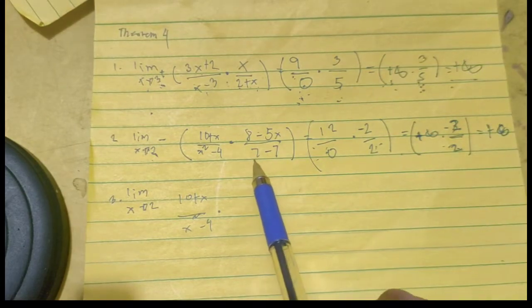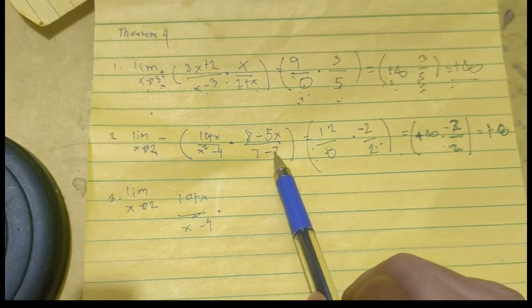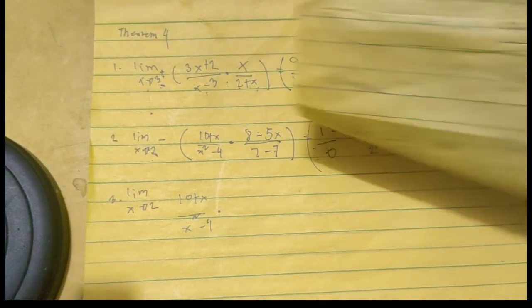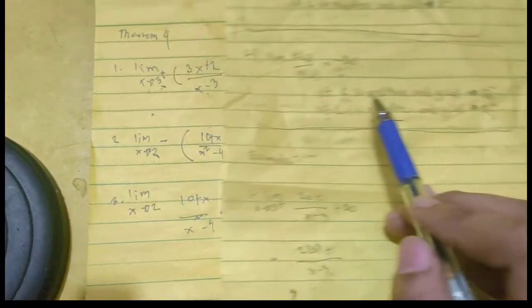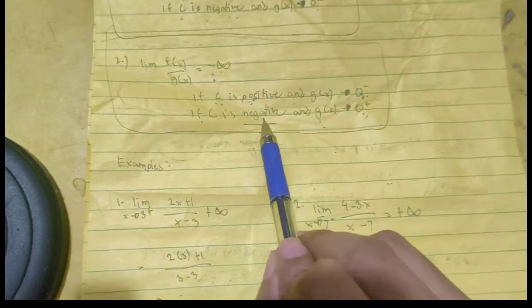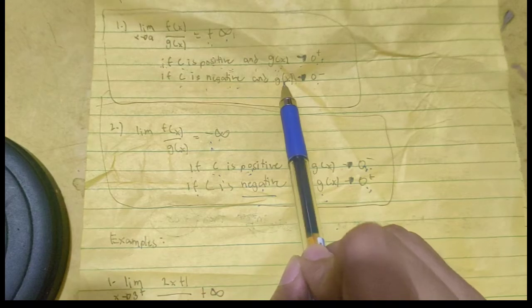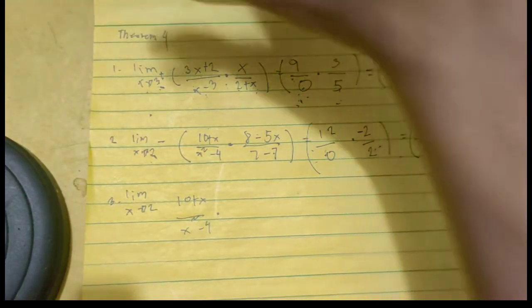Here, our constant is negative. So let me show you. Our constant is negative and the g of x approaches from the left, so we should get positive infinity.